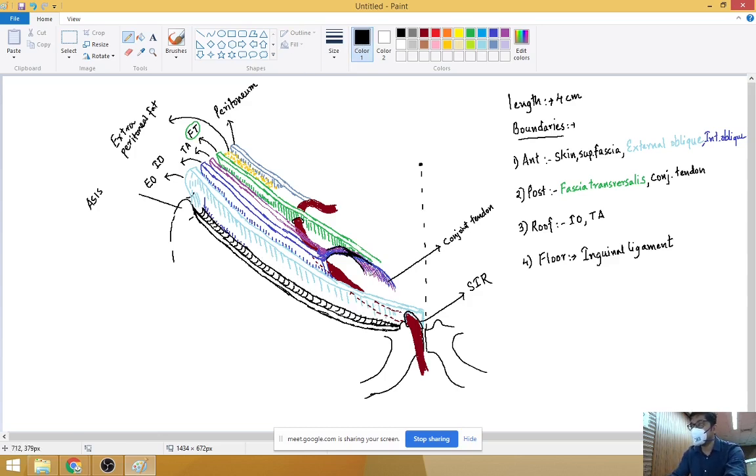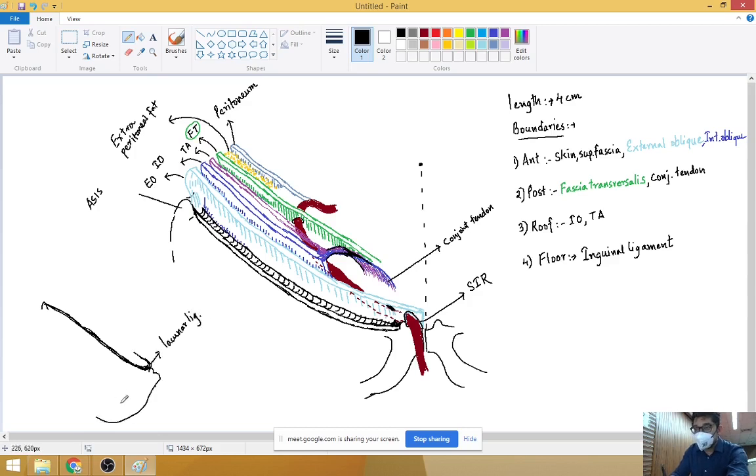Now, one point again, the inguinal ligament will somewhere here turn like that medially. If the inguinal ligament is from the anterior superior iliac spine and is like this, it just turns medially and posteriorly to form the lacunar ligament, which will run on the pecten pubis.